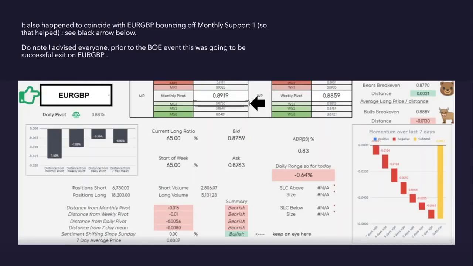It also happened to coincide with the euro pound bounce off monthly support 1, which is where I took profit. That was my TP. I was short for a good while, and I got out at MS1. And this is the search tool that's on the spreadsheet. And you see that the bears were making pips. Now that's unusual. Usually the bulls and the bears should be losing, but these guys are making money.